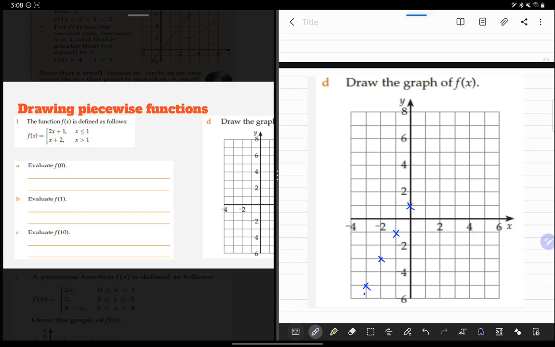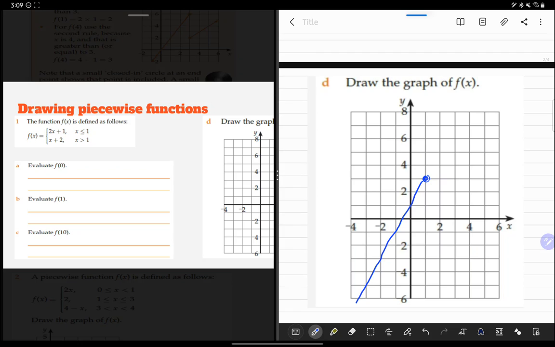Okay, I understand that's a very bad line. Let me try that again. No, that's actually wrong. Oh my goodness. Actually, it's not even there. Sorry, it should be there. There we go. Now that's the graph there.